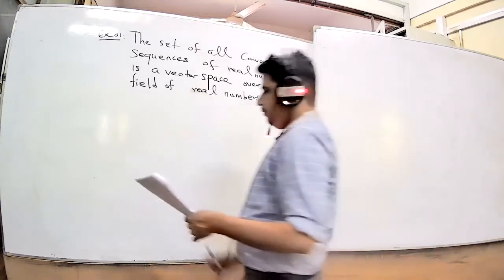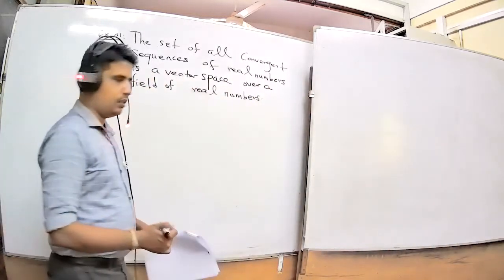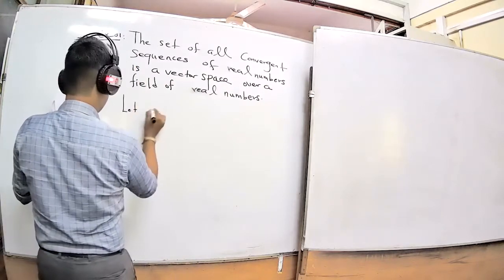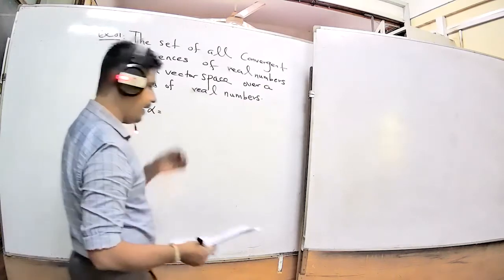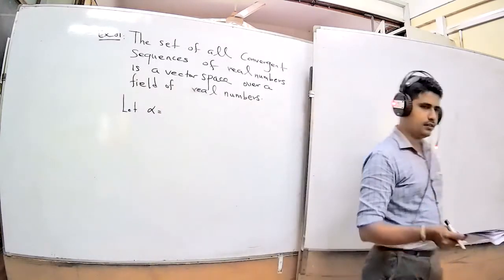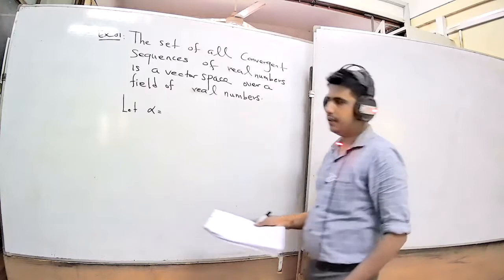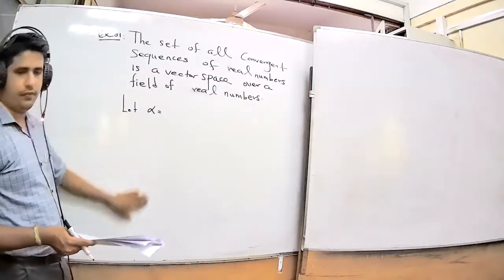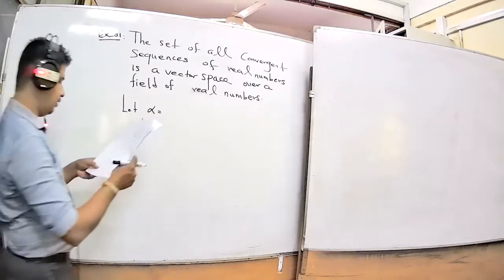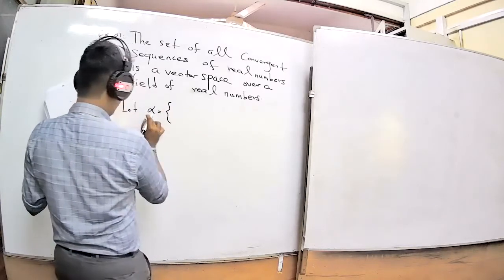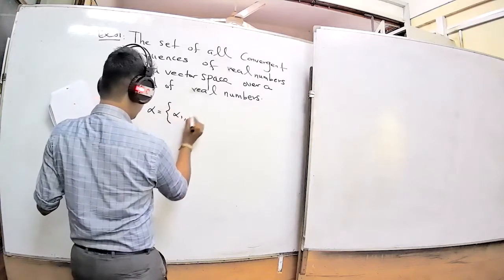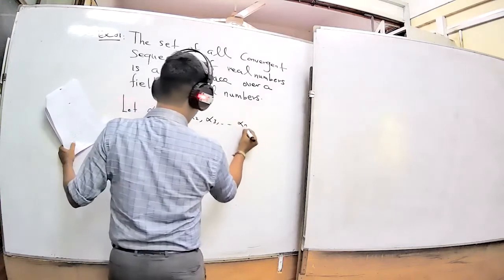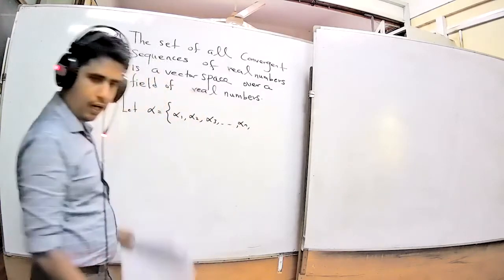Okay. So for this question, let us take the usual addition and multiplication, coordinate wise. Here also we can use it, right? There is no specific addition here, only the usual addition. Take alpha as a sequence: alpha 1, alpha 2, alpha 3, and so on, alpha n. The nth term is alpha n.